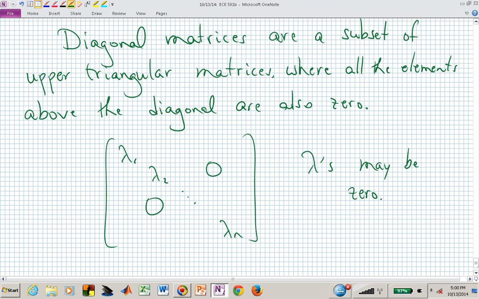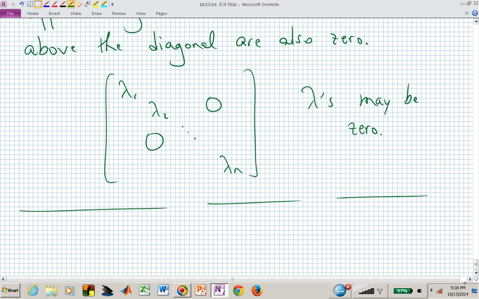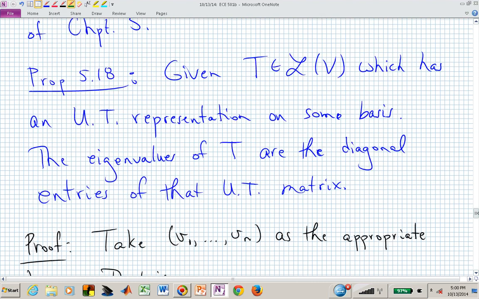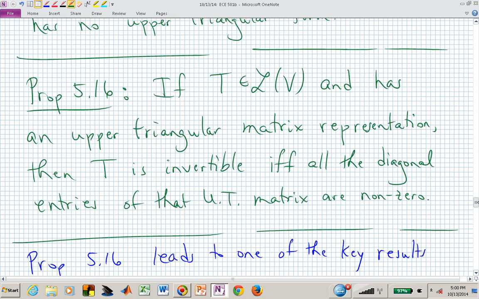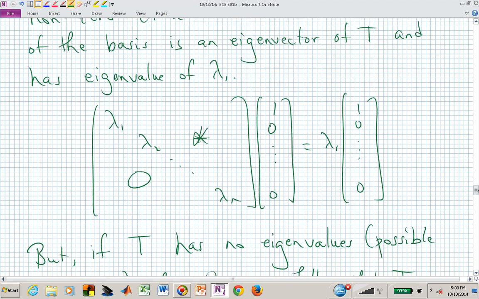Now, let's see if we can try to identify when these linear operators will produce a diagonal matrix. What did we learn about upper triangular?